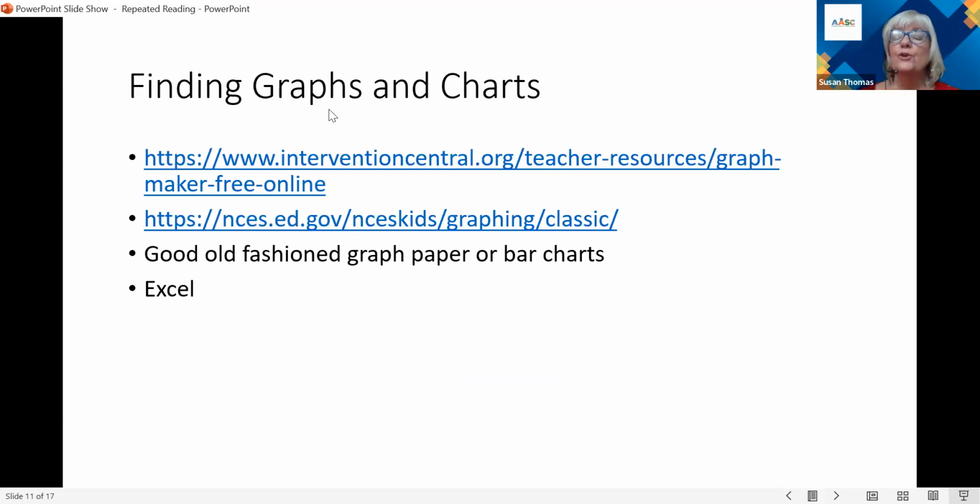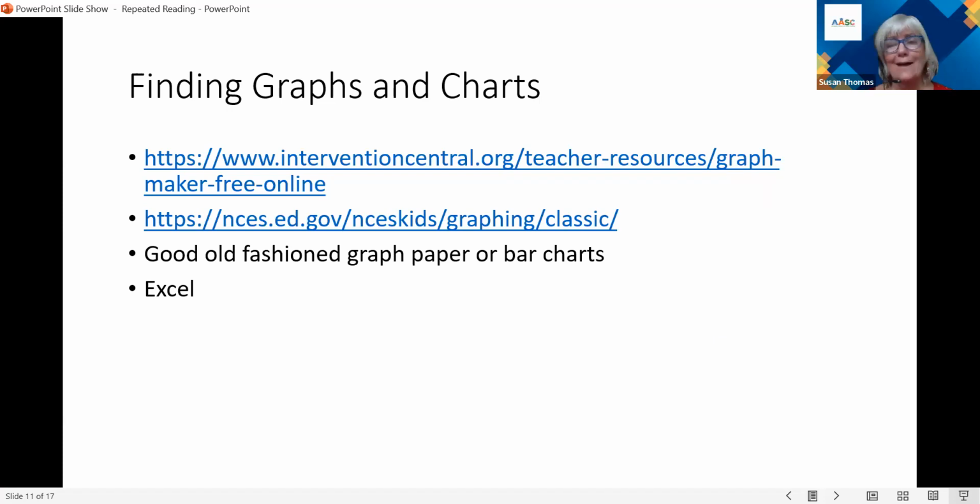And then you're going to want students to keep account of what they do for their 3 to 4 readings. Intervention Central has a chart dog that you can use to create a graph. I also like that the National Center for Education Statistics has a kids space where you can create graphs. I use just good old-fashioned graph paper and bar charts.